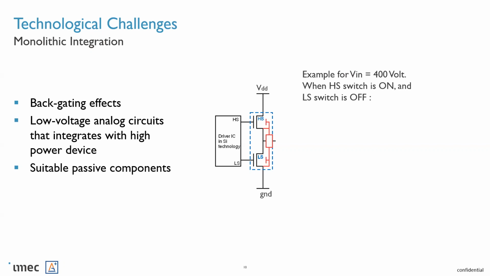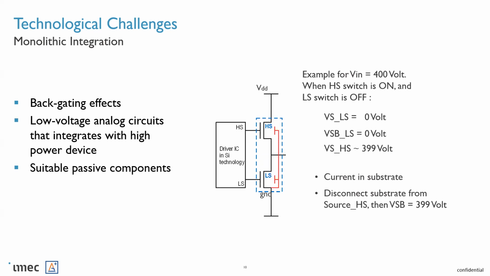The source of the low side switch is at 0 volts, so there is no problem for the low side part. But when the high side switch is on, the source of the low side is 0 volts, so the substrate is 0 volts, but the source of the high side is at a very high voltage. That creates a current in the substrate, and we see a pronounced backgating effect for the high side switch.